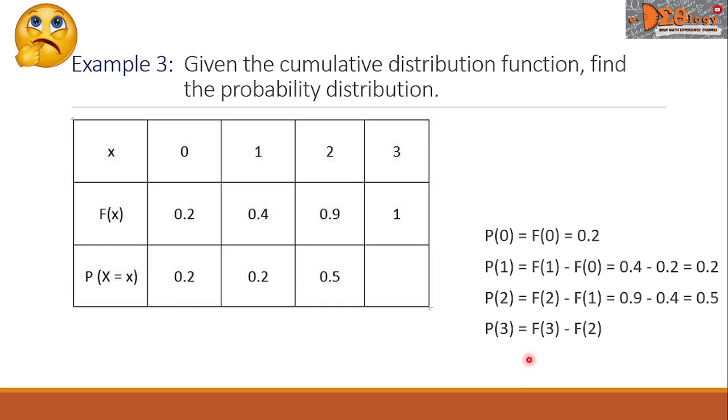The formula is this F of 3 minus the F of 2, meaning this F of x value minus the preceding F of x value. So that is 1 minus 0.9. And the difference is 0.1, and this answer we will write in here.